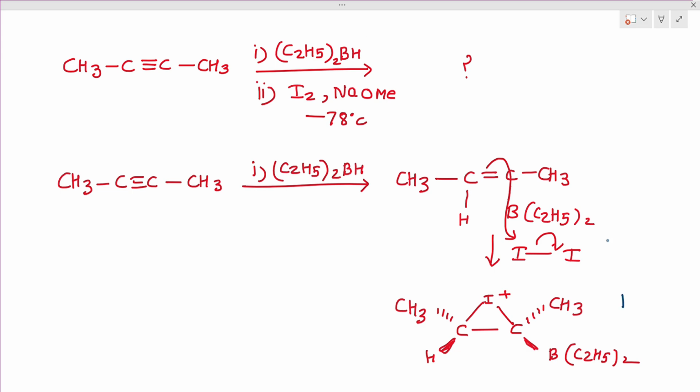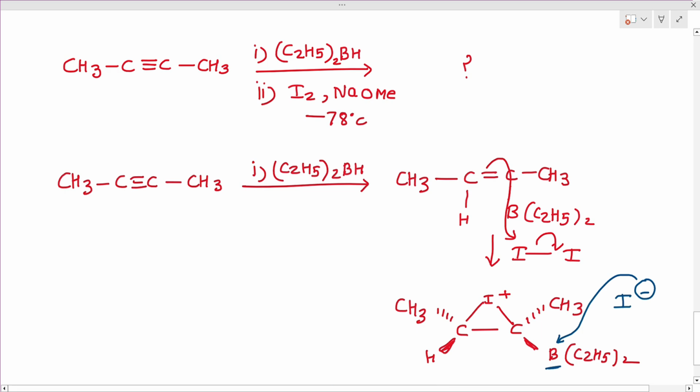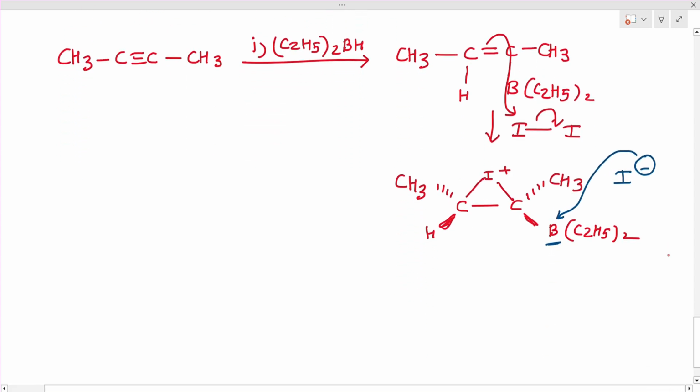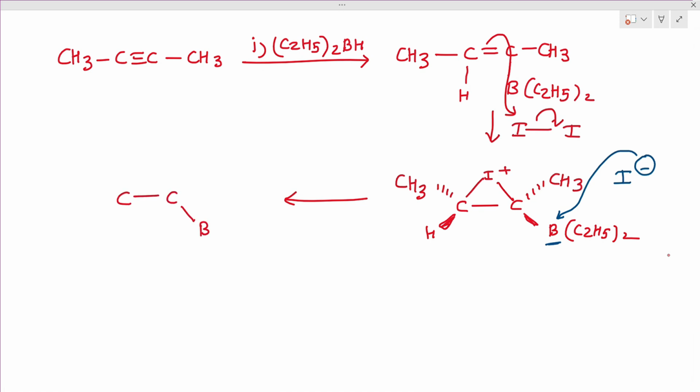This I minus will attack with its electron density on the vacant orbital of boron, so that a new bond will be formed. So what you have to do is make a new bond between this boron and this iodine like this.